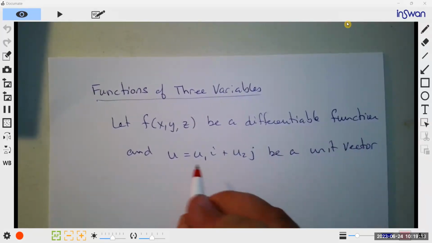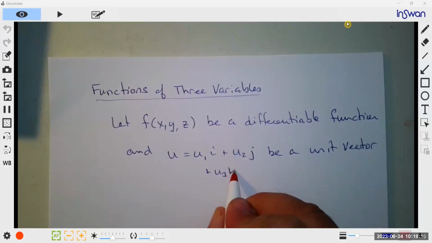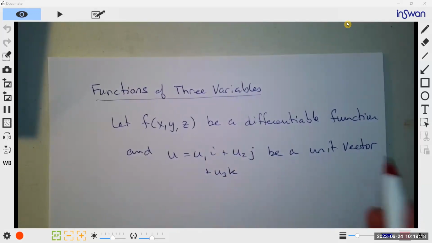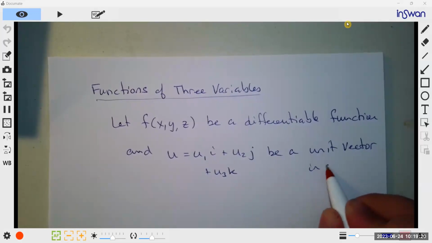Oops, I forgot k. Be a unit vector in space.